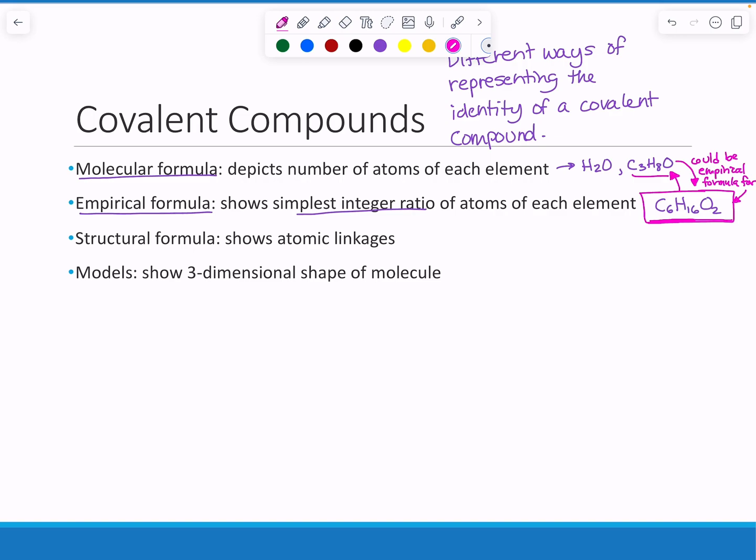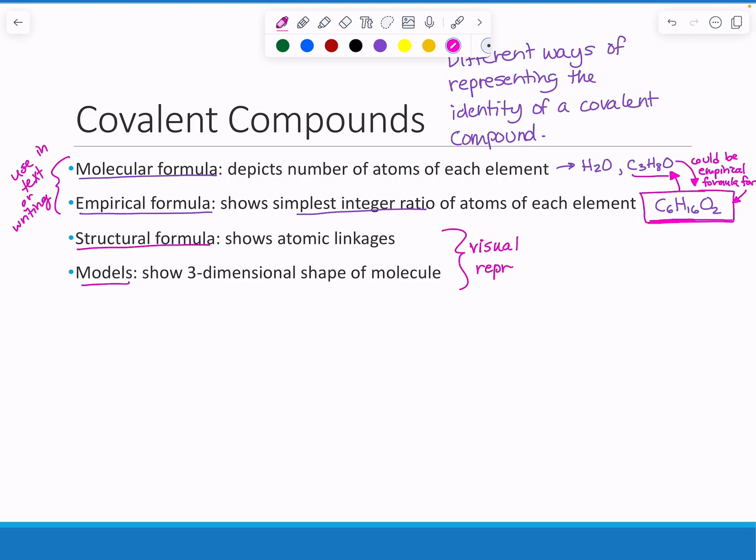These are what you would use in text or writing, because they use our alphanumeric symbols. These ones over here, the structural formula and the models, are more visual representations.